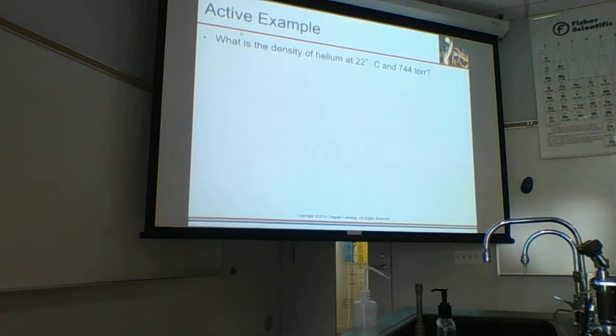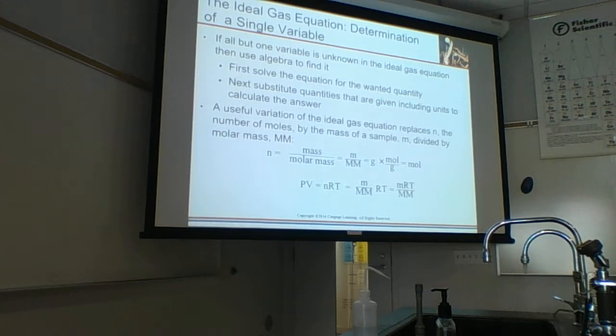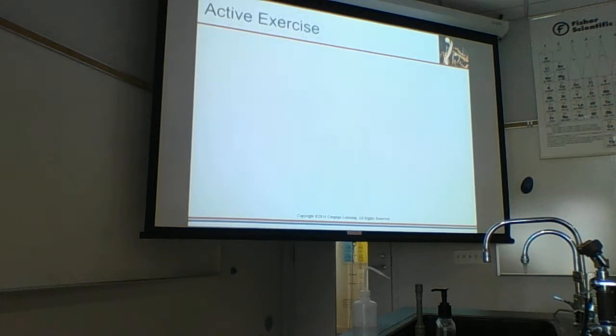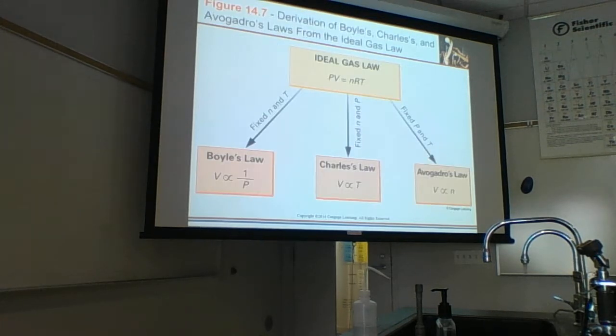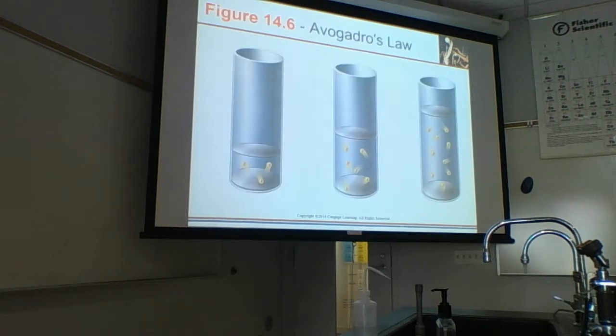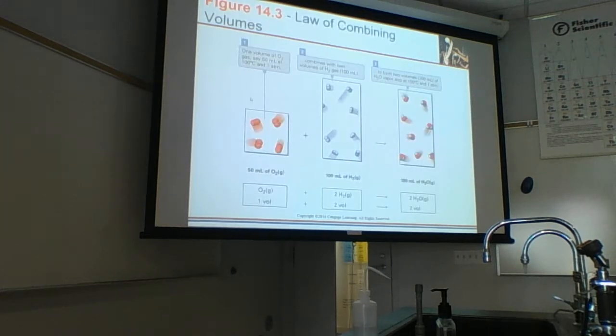But we had a molar volume calculation, we had a density calculation, and we had a single variable calculation. Molar mass I threw in there, but there's no example of a molar mass calculation. Right? Okay.